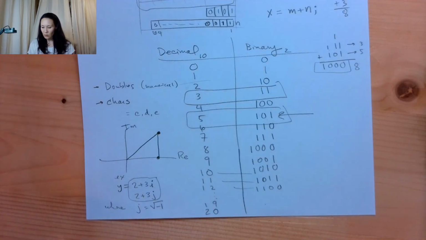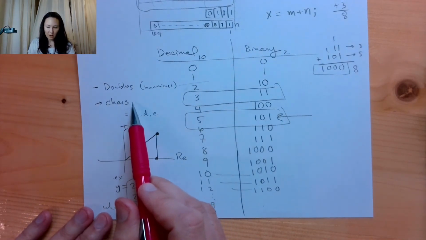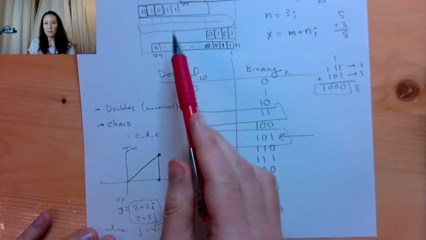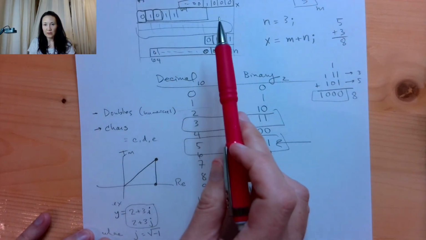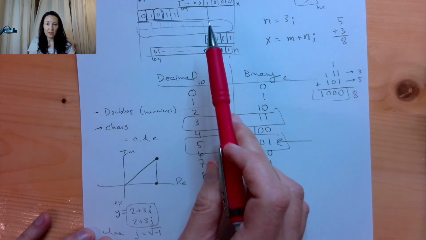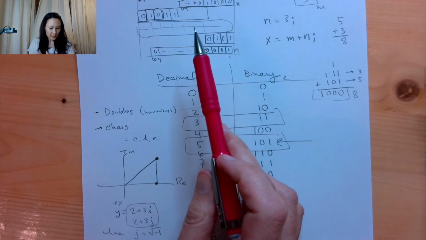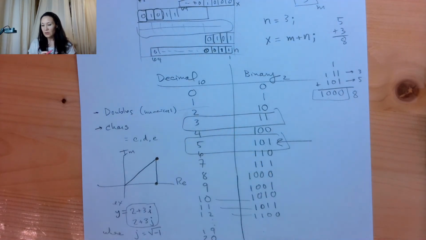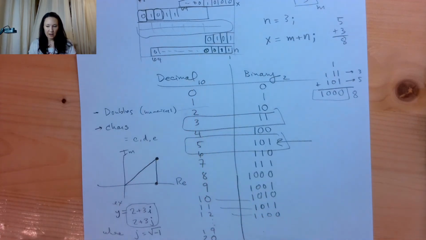So the other one, these characters, they don't have to be as big as the numerical doubles, right? We don't need 64 bits to represent one letter. Instead, we just need 16 bits. There are different ways to encode letters into binary, basically, and the standard is Unicode.